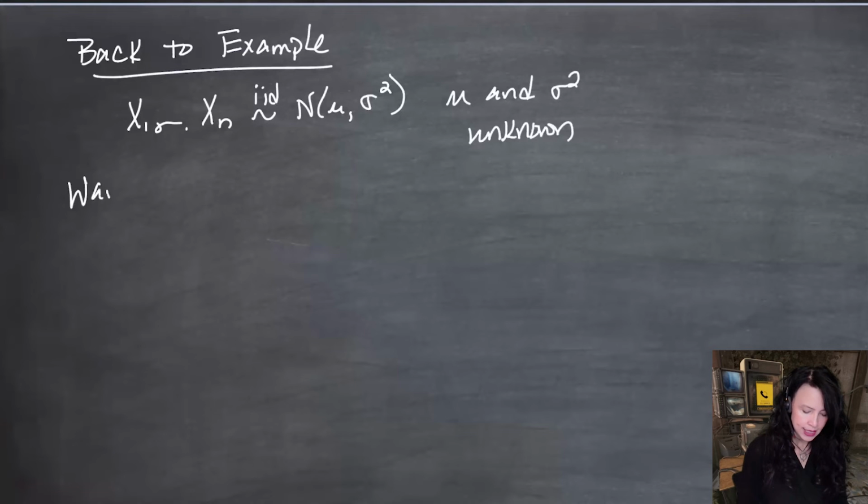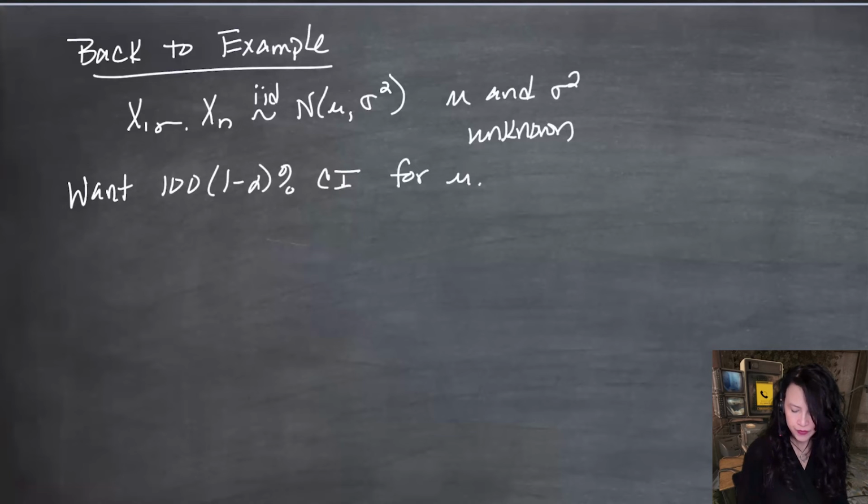I want a 100 times 1 minus alpha percent confidence interval for mu, and I can't assume a large sample.